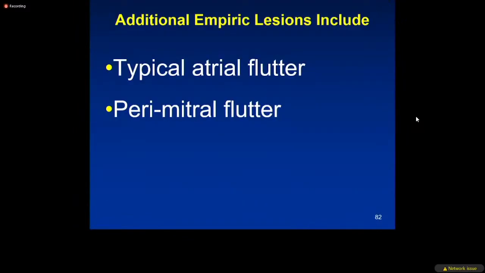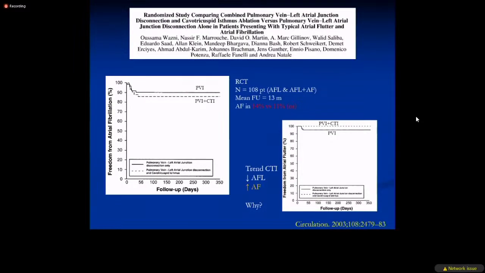One thing that I want to talk about is additional empiric lesions, and those are mostly in areas where there is an anatomical boundary, so typical flutter or perimitral flutter. We did a randomized study at the Cleveland Clinic showing that in patients that have even clinical flutter, if you ablate the flutter in addition to the PVI, there is no benefit, no increased success rate.